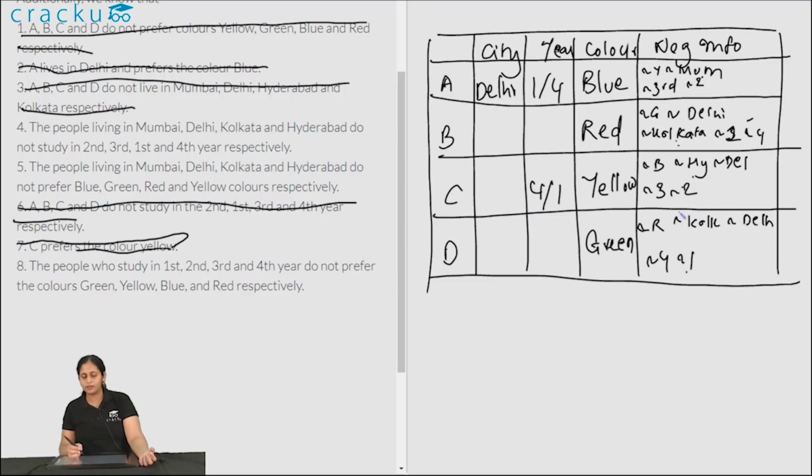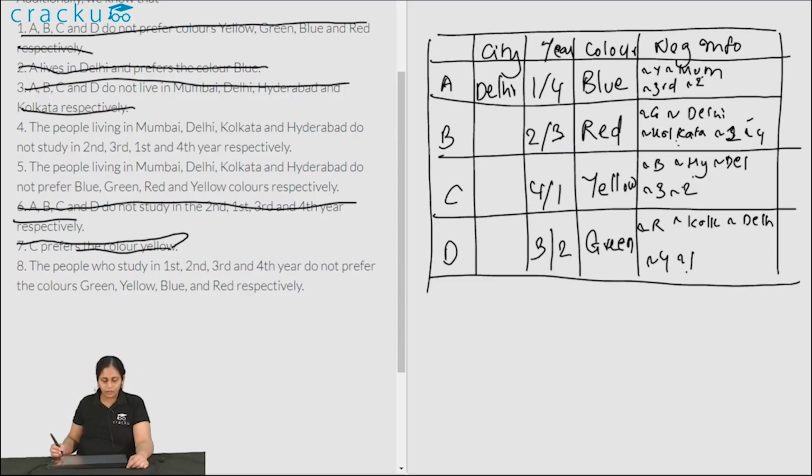So this is 4 or 1. This is 1 or 4. Similarly, this guy is not 1, not 4. So this is either 2 or 3. Correspondingly, this would be 3 or 2.